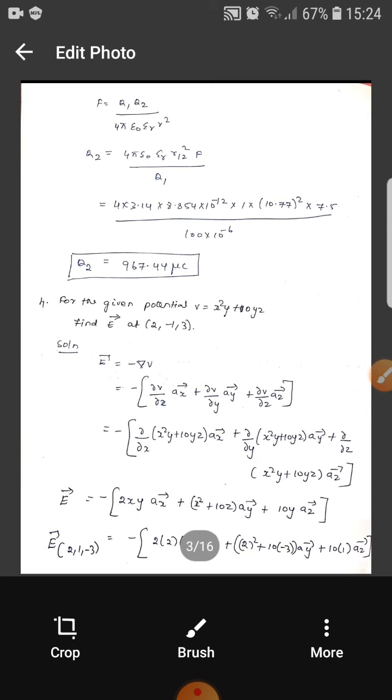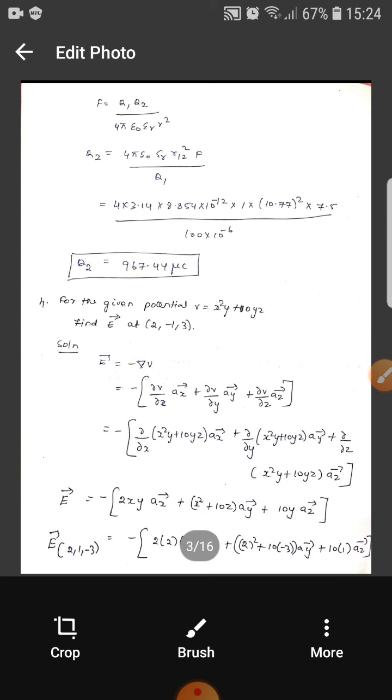Next, the above expression V is equal to x square y plus 10 yz is differentiated with respect to x, with respect to y and with respect to z, and we'll be getting the final answer E vector is equal to minus 2xy ax plus x square plus 10 z ay plus 10 y az.